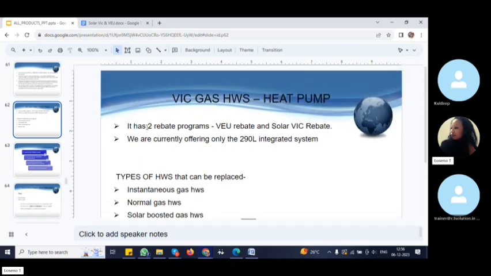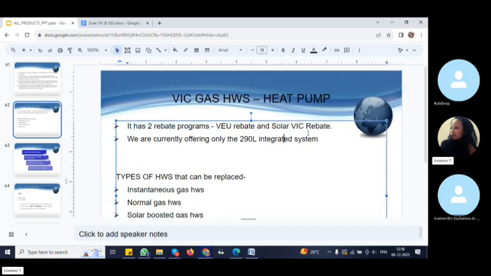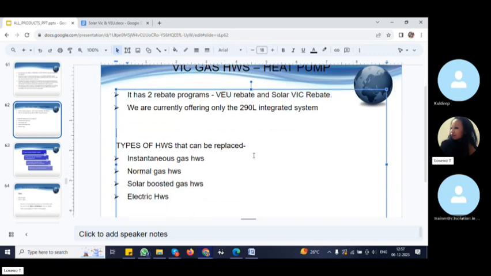Now we will be discussing in detail about these two rebate programs and what are the questions that we need to ask so that we can qualify the customer for the rebate program, or to get them eligible for the rebates. And to do that, we will continue after the break.